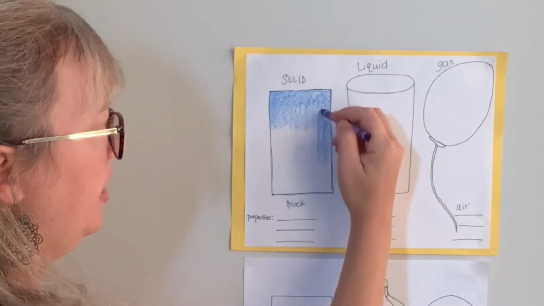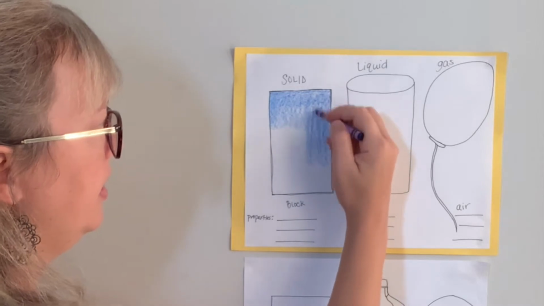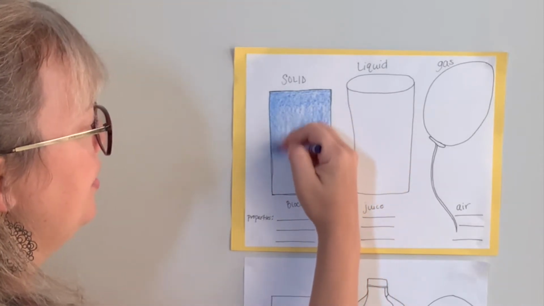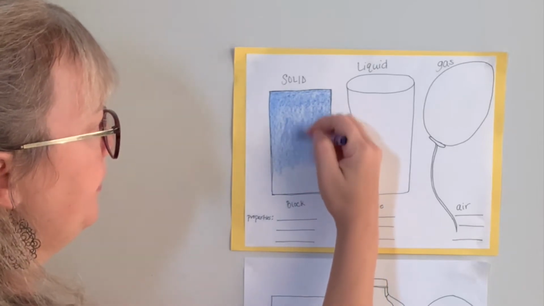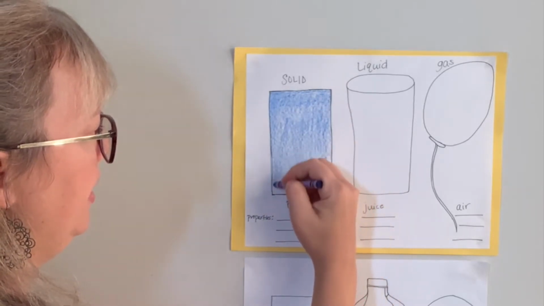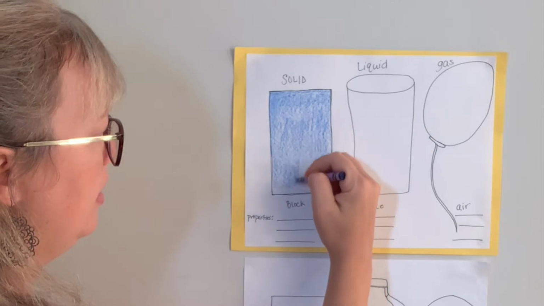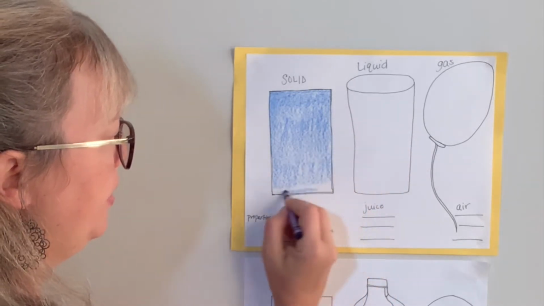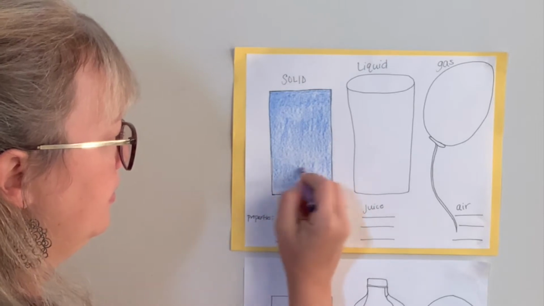We want to see a solid color, in this case blue. What color did you choose? Okay, we want it to be nice, solid color in our block. All right, give you a second to finish that.